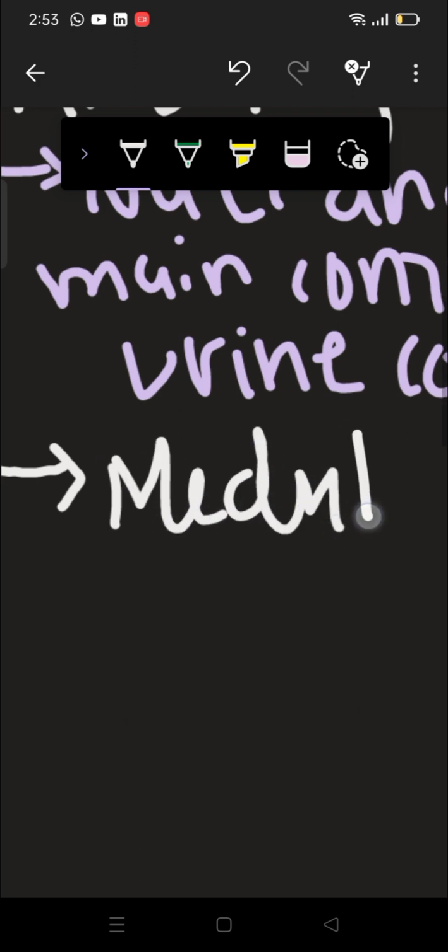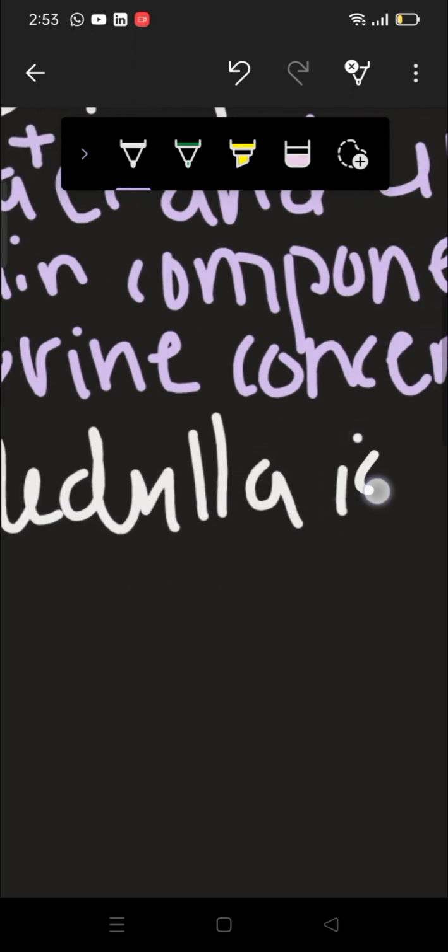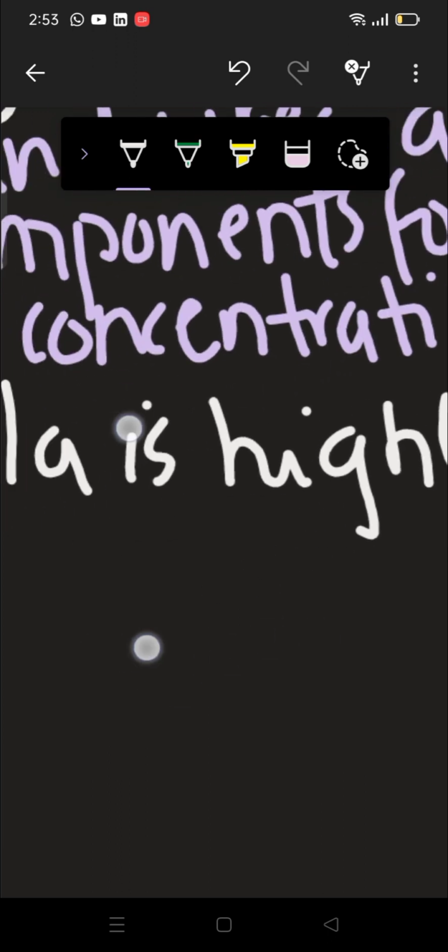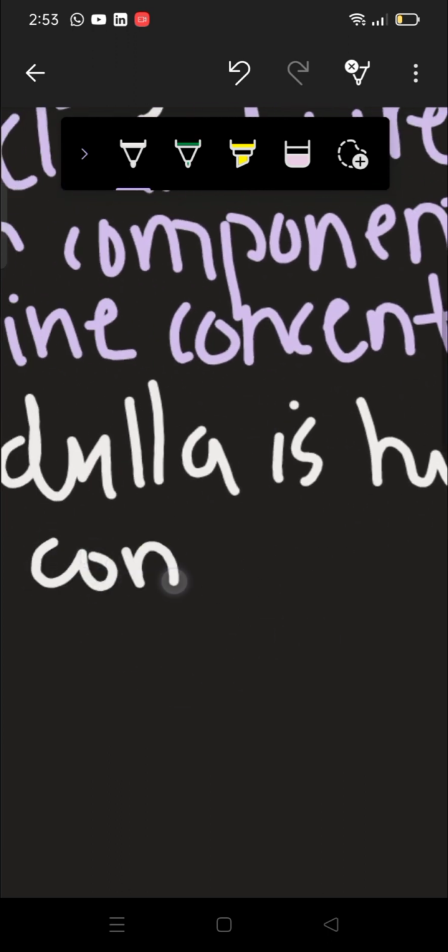Medulla is highly concentrated just because of the sodium ions, chlorine ions, and urea.